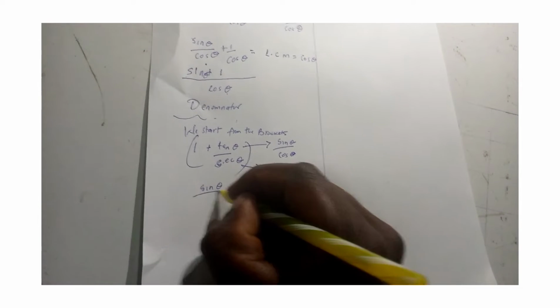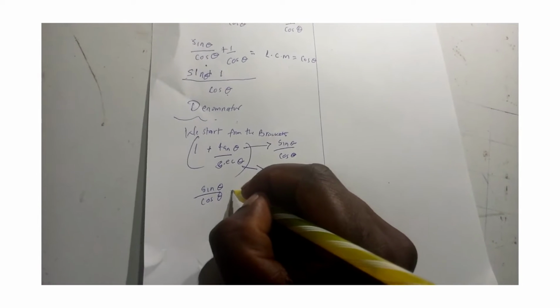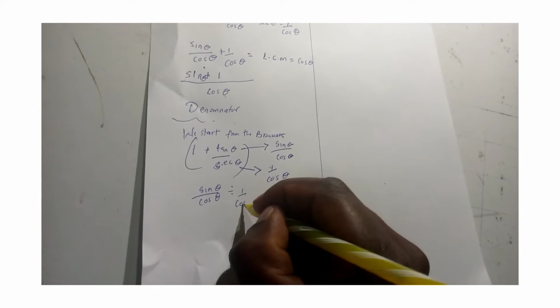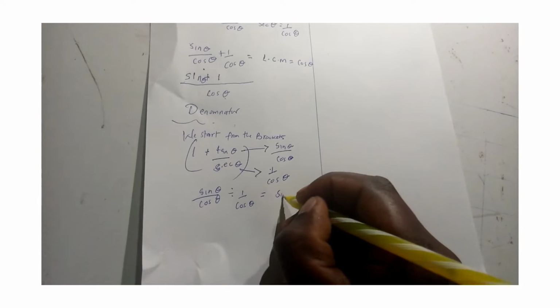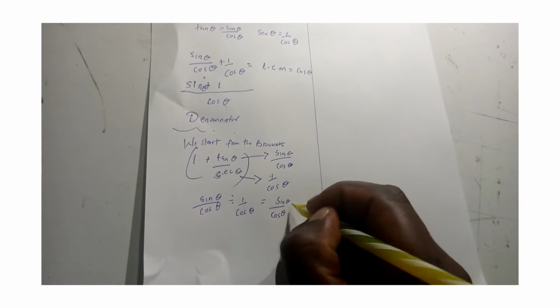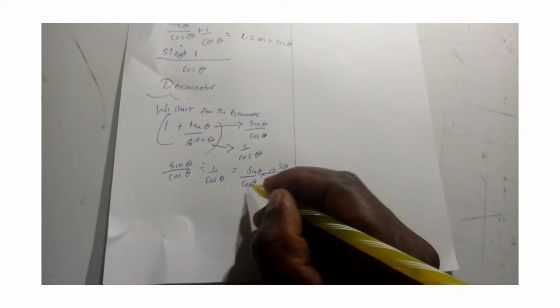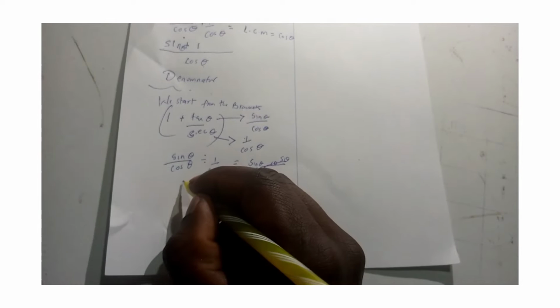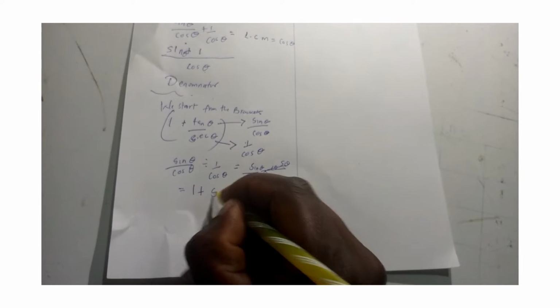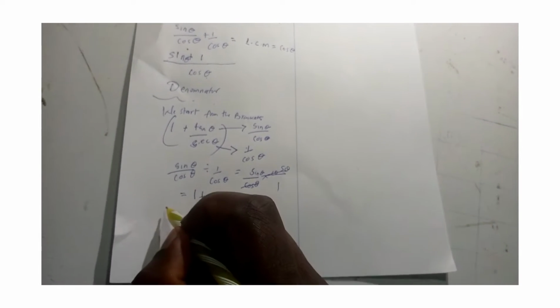So we have sin theta over cos theta divided by 1 over cos theta, which is sin theta over cos theta times cos theta over 1. Now we cancel the cos theta, and it will remain with sin theta, which will be 1 plus sin theta on the numerator side.